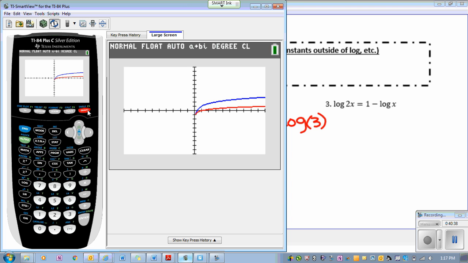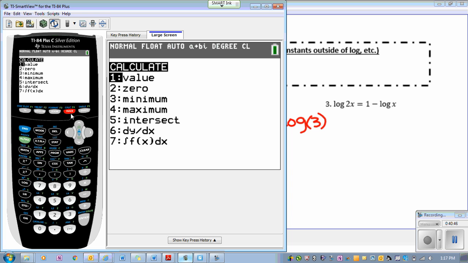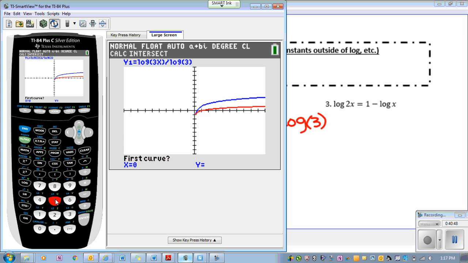It looks like the intersection is right there where it starts getting closer to the asymptote. So second trace, intersect. Get really close to it, right there. Hit enter, enter, enter. There you go.